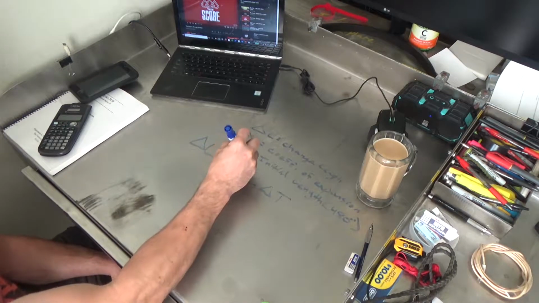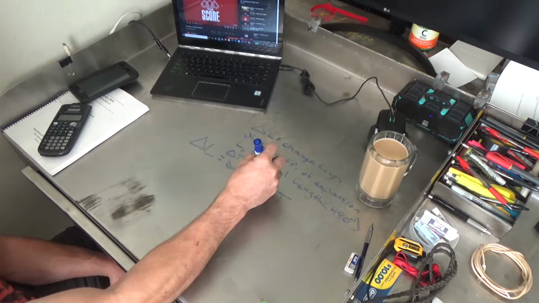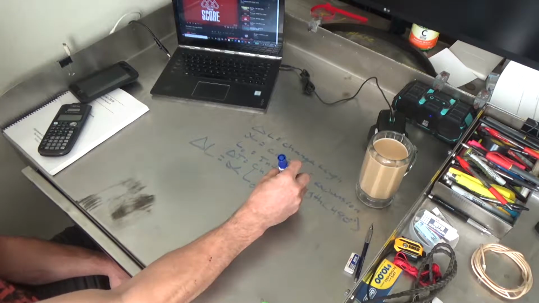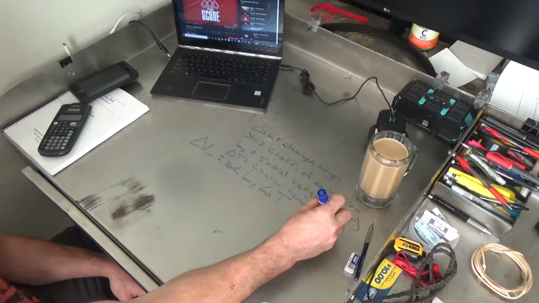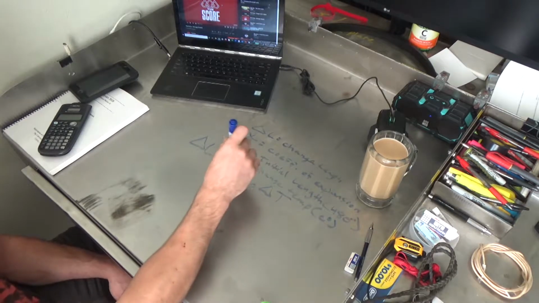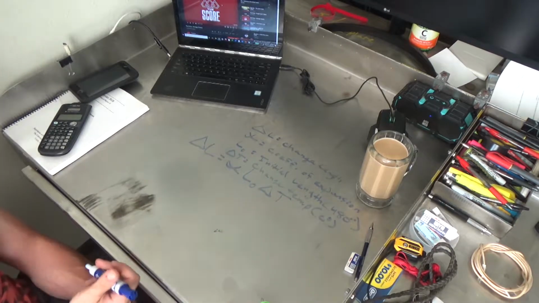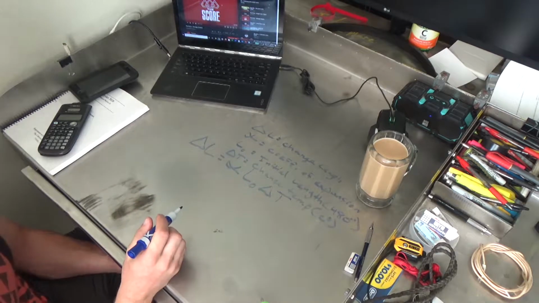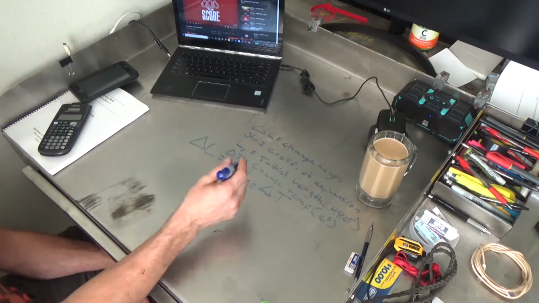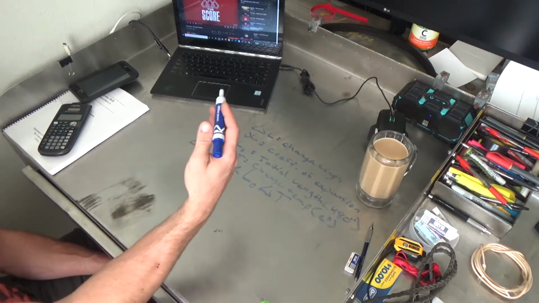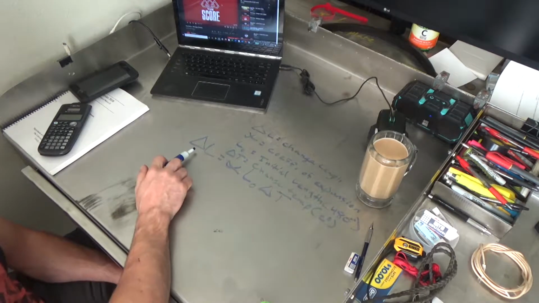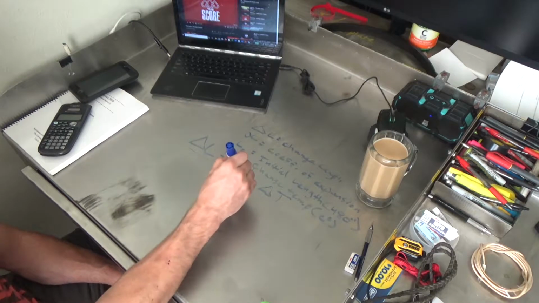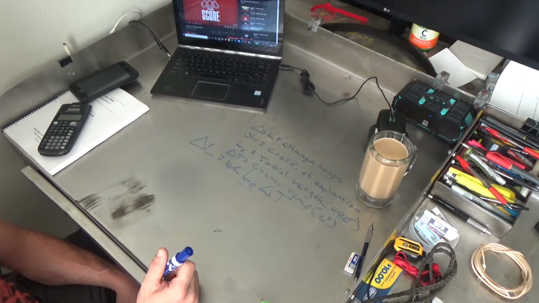And then delta T is change in temp. Now mind you, this has to be in Celsius for this to work with that coefficient, because that coefficient is length per degree Celsius. What we're going to do is use inches. It doesn't have to be standard units, it doesn't have to be meters, it doesn't have to be kilometers, but what it does have to be is these two right here need to be the same measurement.